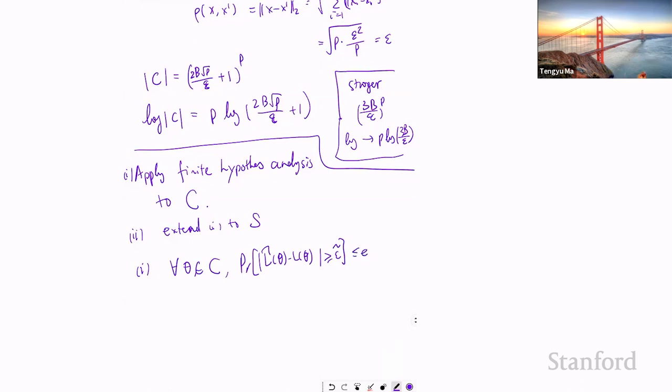So you get this is at most 2 times exponential of minus 2n epsilon tilde squared. This is by Hoeffding, exactly the same thing as we have done before.